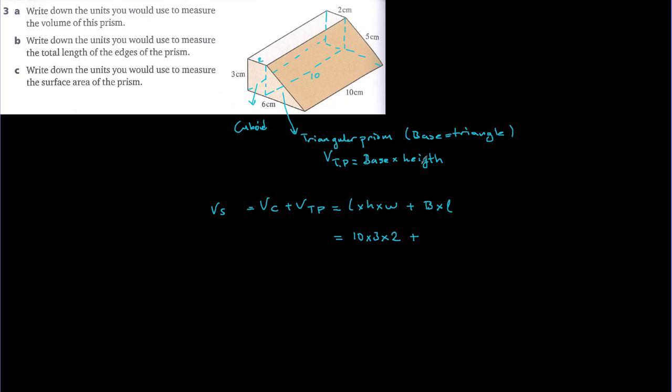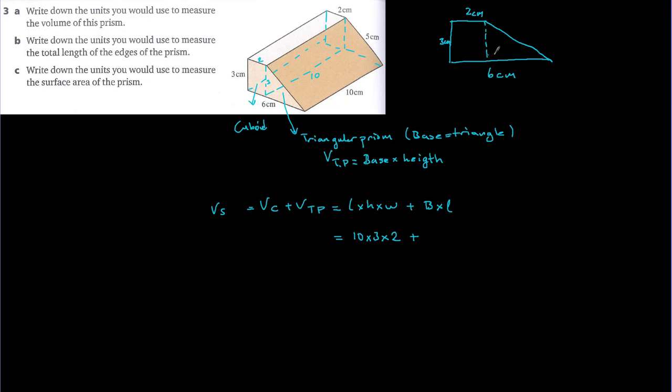Base area is the triangle's area. I'm drawing the figure of the solid here. This is the cross-sectional area of the solid, and we know that this is 2 centimeter long, this is 3 centimeter, and this is 6 centimeter in total.